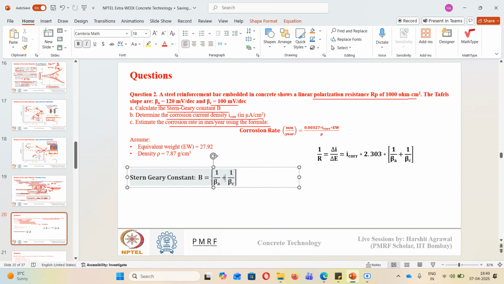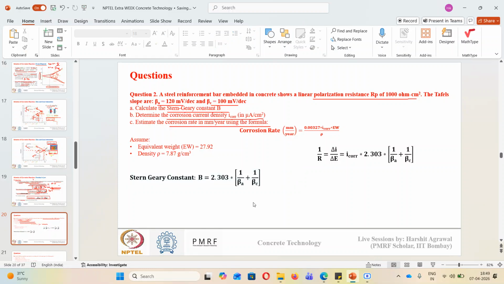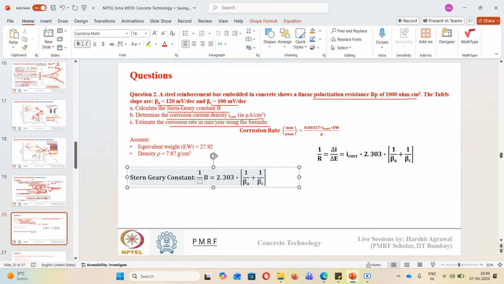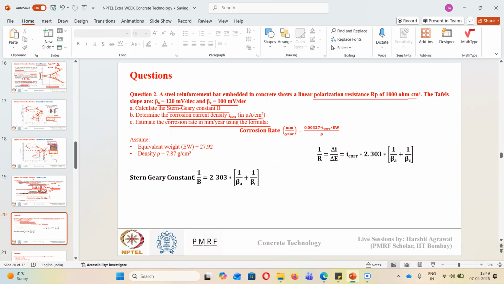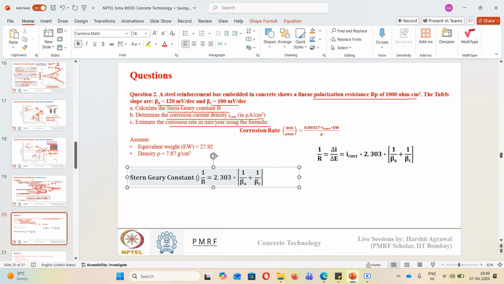Look at this entire thing: 2.303 times 1 upon beta a plus 1 upon beta c is the Stern-Geary constant. This is 1 by B, and the Stern-Geary constant is B.